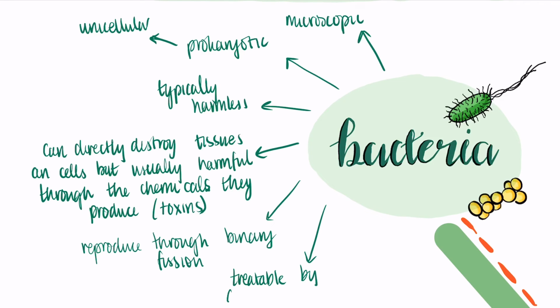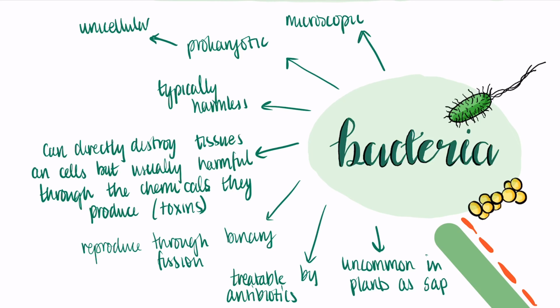They, as you might already know about bacteria, reproduce through binary fission. They are treatable by antibiotics, so again, bacteria against, and they are uncommon in plants as the sap is too acidic. This is going to be significant when we look at our first line of defense in plants coming up soon, so just keep that one in mind.